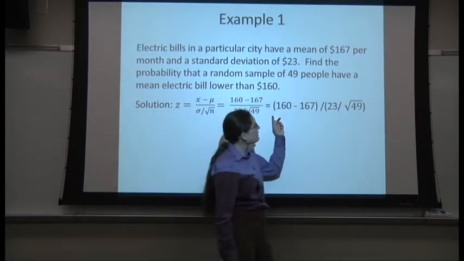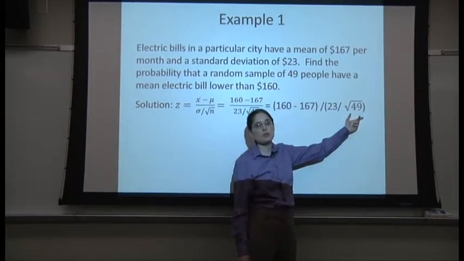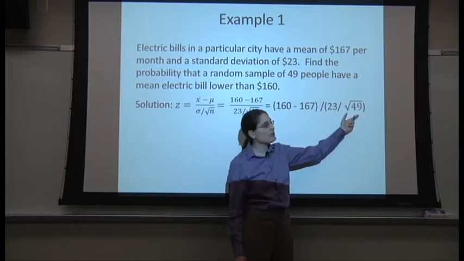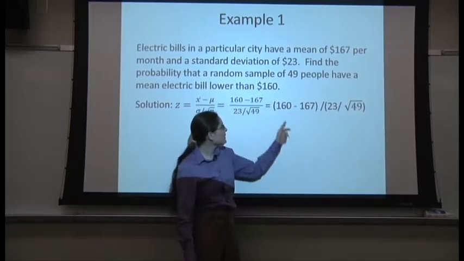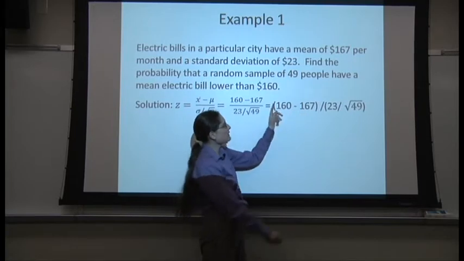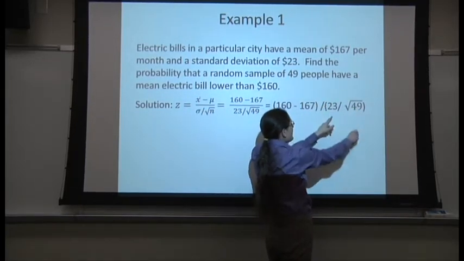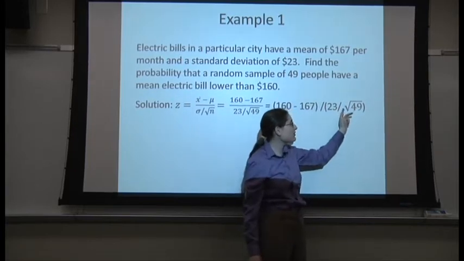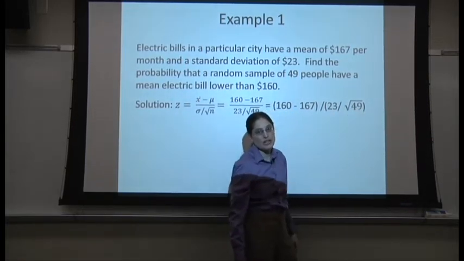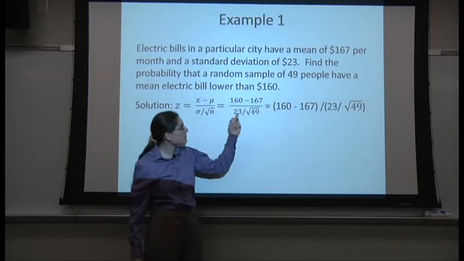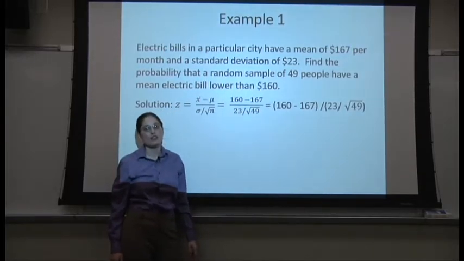If you're typing it into your calculator, you probably want to do it like this, with parentheses. 160 minus 167 in parentheses divided by parentheses 23 divided by the square root of 49. Yes, that's a fraction inside of a fraction.